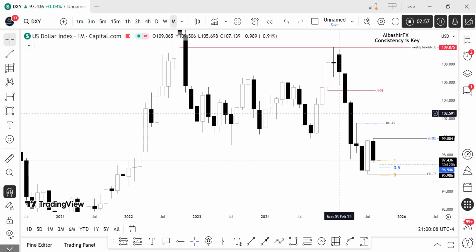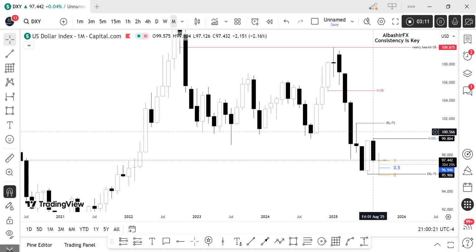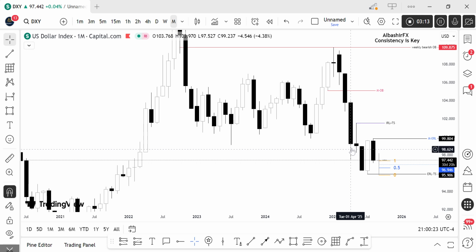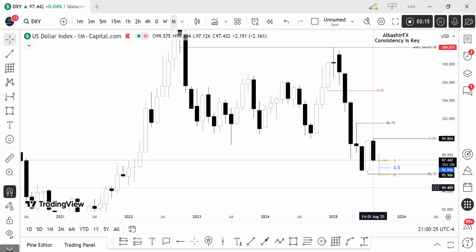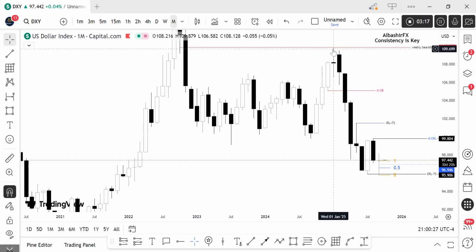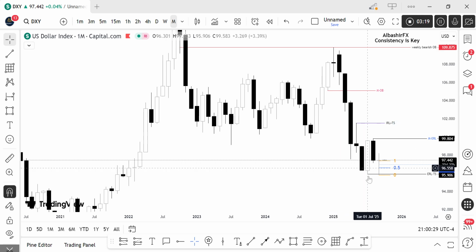There has not been any swing point created until we get to this low. Now this is a minor swing low because we broke it and created this one, and there is no swing high that created this swing low. So that is why we are going to use this swing point.